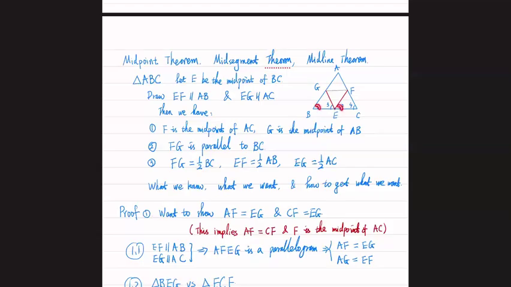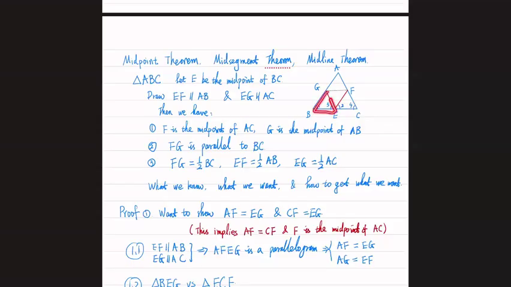Angles 1 and 2 are the corresponding angles of these two parallel lines, so the two angles are the same. Angles 3 and 4 are the corresponding angles of these two parallel lines. Therefore, they have the same measures. Then we have the angle-side-angle theorem.